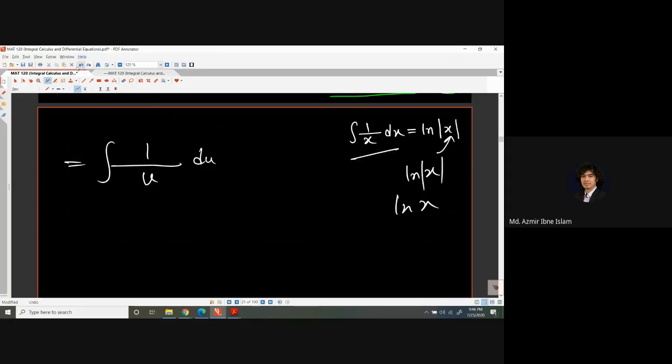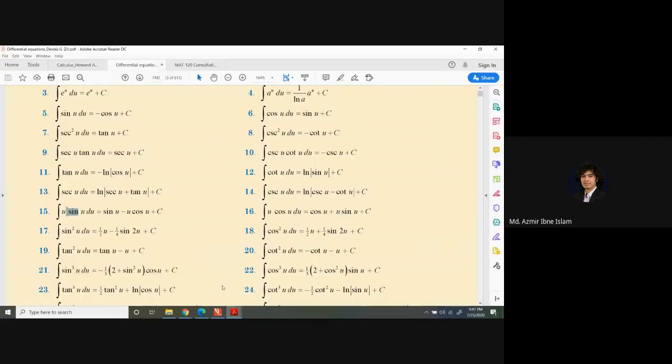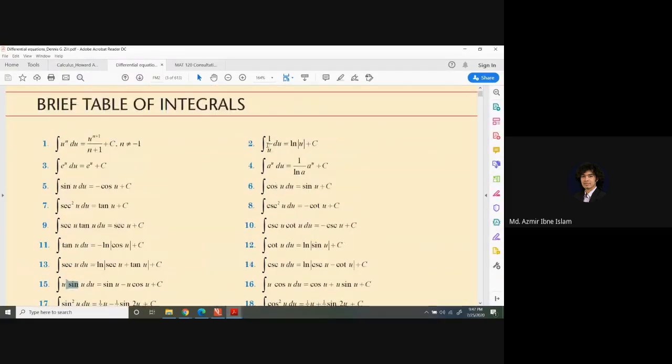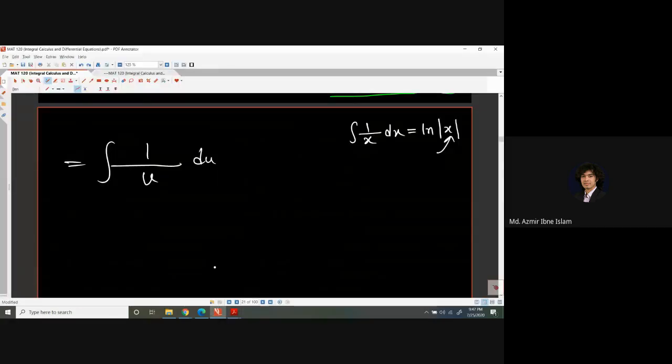We have to use the natural log of modulus x, ln modulus x. Okay, that is the correct formula. You will find all these formulas in your reference book. Integration of 1 over u du is equal to ln modulus u.